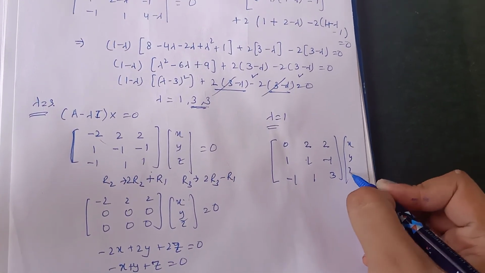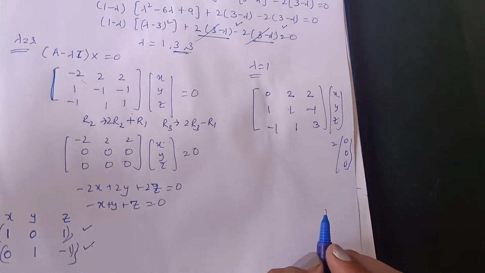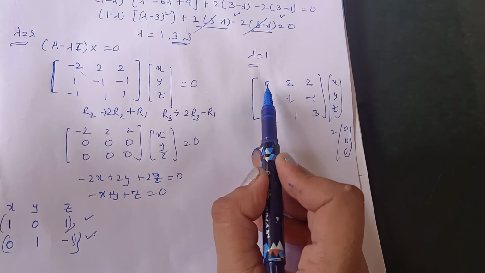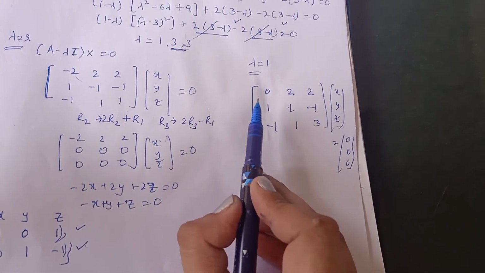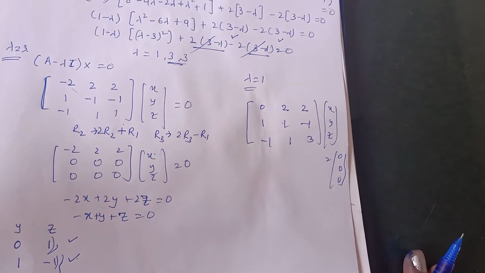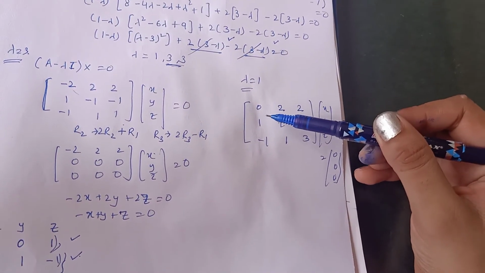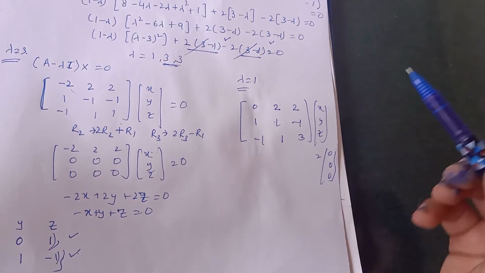X, y, z is equal to 0, 0, 0. So now observe the first entry is 0. It would be better if you make this as non-zero first, but again choice is yours.